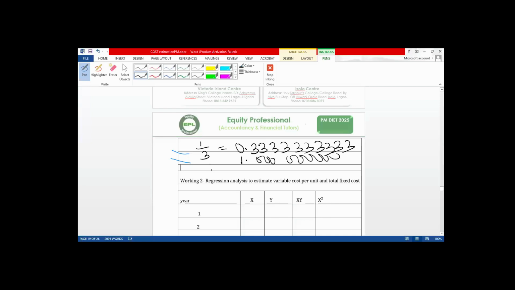So you are going to get 1.33333. Or if you don't, this is better because it saves you time. But if you are not sure, you can first multiply by 0.3333. When you get your figure, now add it back to the labor cost. I hope this is clear, please.